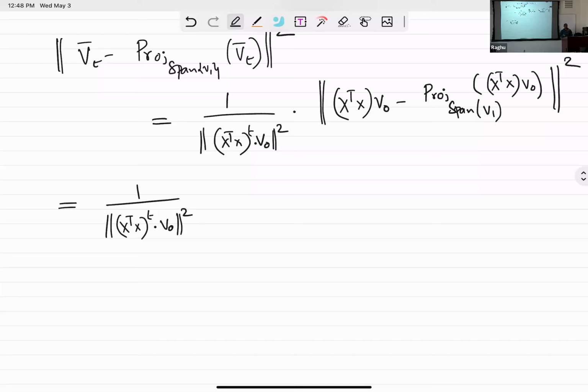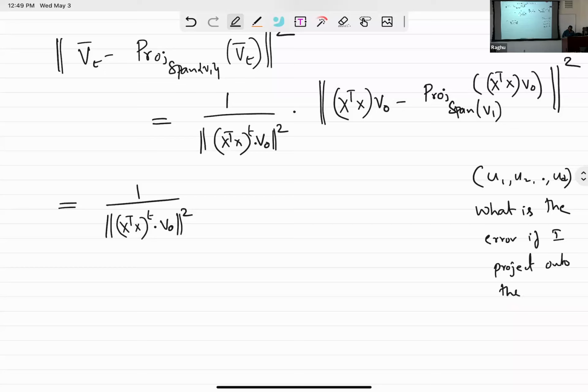Imagine I give you a vector, it has d coordinates, and I ask what is the error if I project out the first direction? I have a vector, let's say u1, u2 up to ud. And what is the error if I project onto the first coordinate?